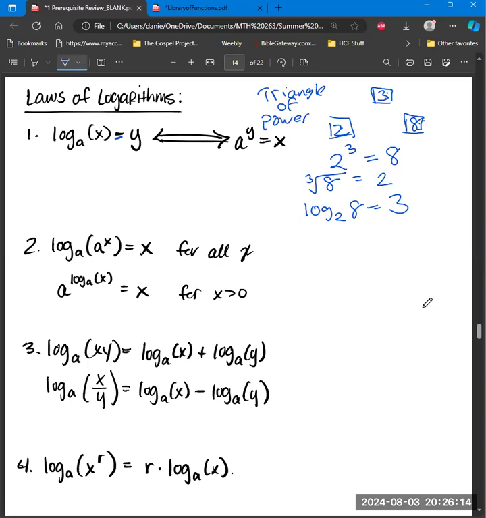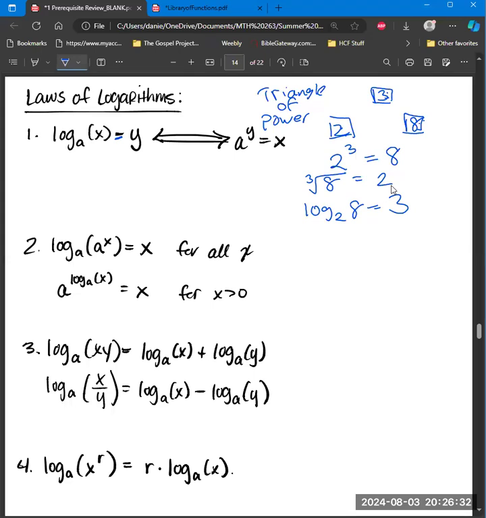So you may know other names for this, but this is just typically what I use in tutoring, is the triangle of power with those three boxes. Which two boxes do you have, and which one are you trying to solve for?